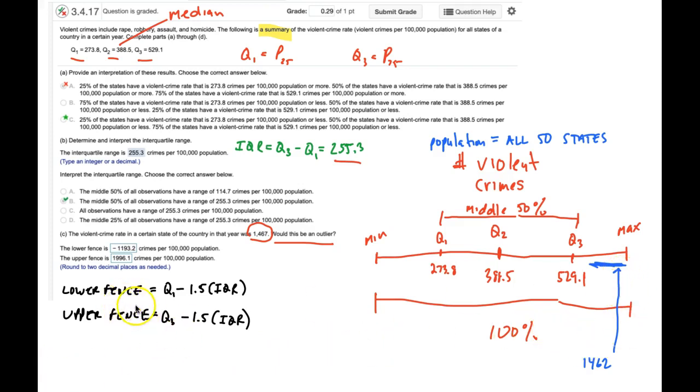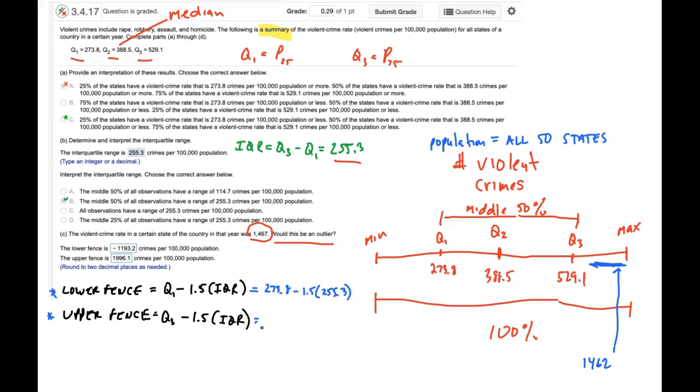The way you do that is to calculate a lower fence and an upper fence. That's the formula provided in the notes in the book. To calculate the lower and upper fence, you just use this equation. You know what Q1 is: 273.8 minus, and again, this is just a formula created by statisticians to determine if something is far away from the middle.